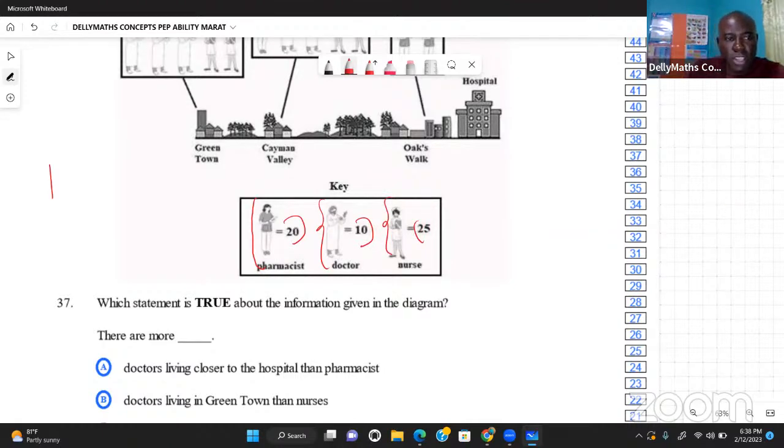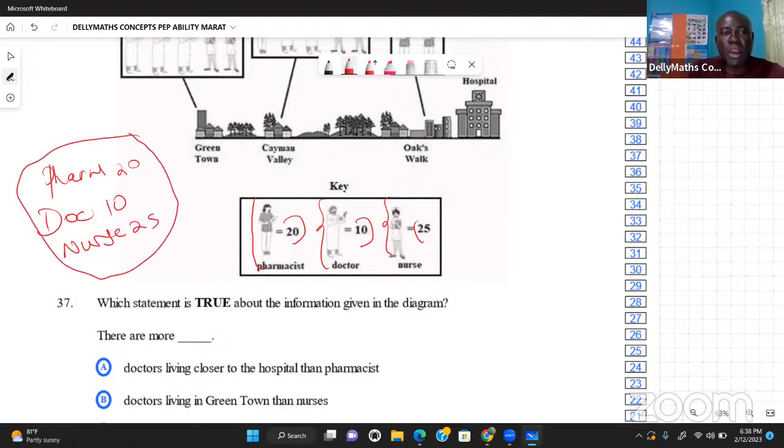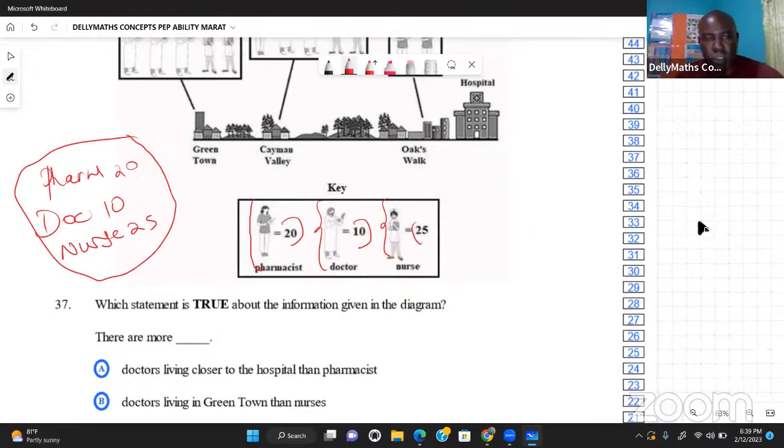I'm just going to write PH for the pharmacist. When you see one of them, it is 20. One doctor is going to be 10. And one nurse is 25. So you're going to have to take this into consideration when you're about to answer. Don't look at how many of them, work out the proportions first.